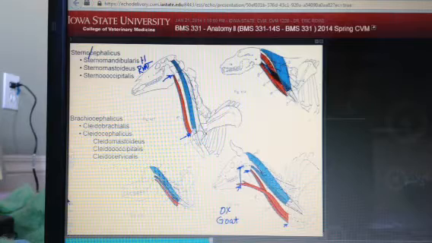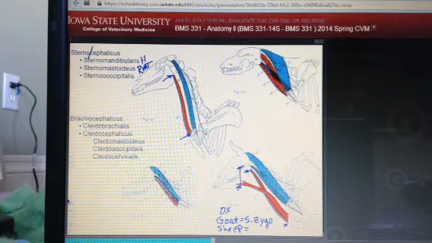In the goat, this muscle would be referred to as sternozygomaticus. In the sheep, this muscle is absent. So sheep will have the sternomastoideus, but they have no analogous sternomandibularis muscle.